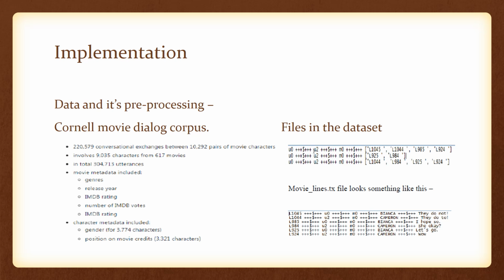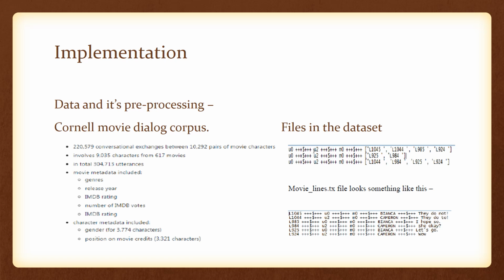Now for the implementation side, I have trained my model on the Cornell Movie Dialogue Corpus, which is a conversational exchange between different movie characters. It has basically two files. As you see on the right side, there is a screenshot on the top, which is the questions and answers.